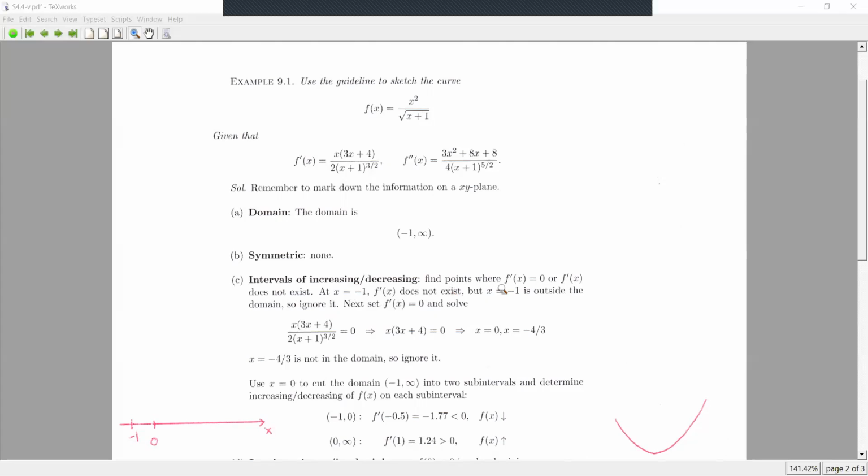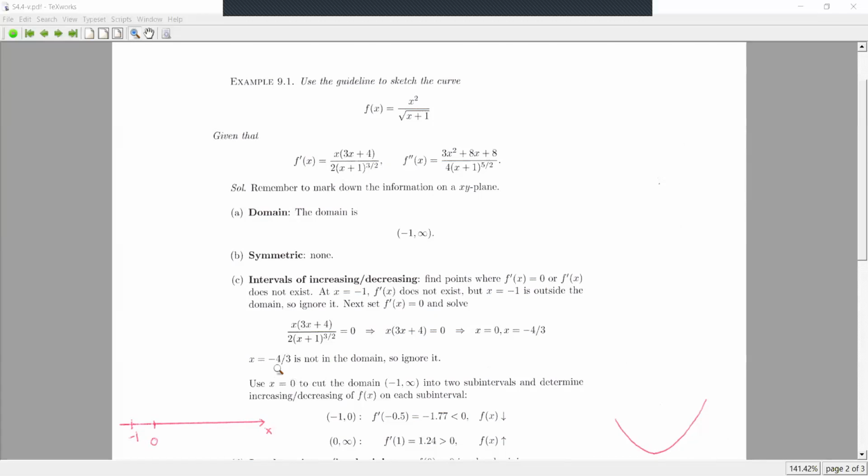Now, the points where the derivative is 0. Set the derivative to 0. Then move the denominator to the right side to get this equation. Then we have 2 points, 0 and -4/3. At these 2 points, the derivative is 0.